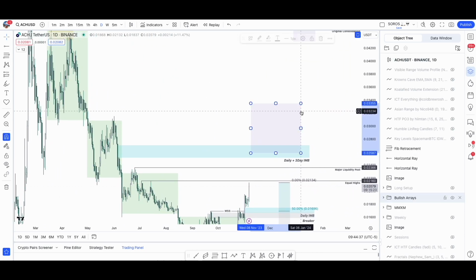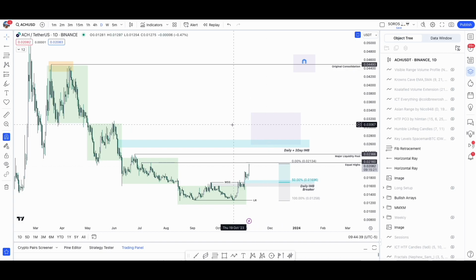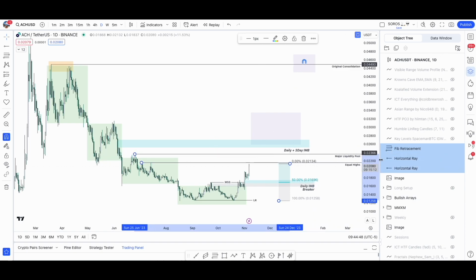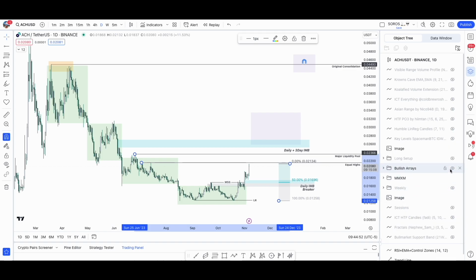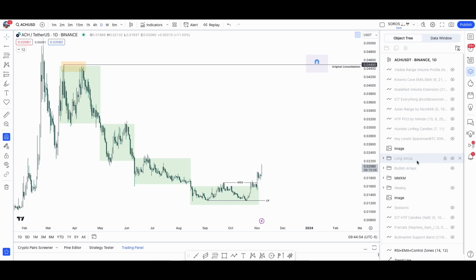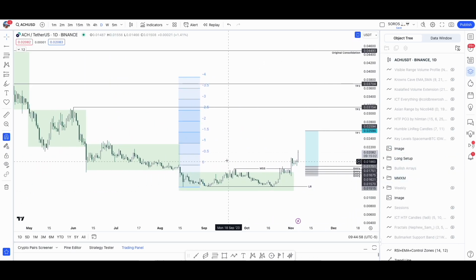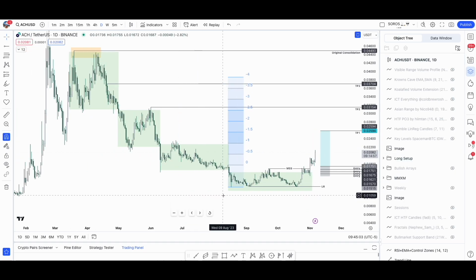The targets I'm looking at on the buy side are basically going to be, let me just pop these off. This one and this one right here. So the targets I'm looking at based on entry, I'm looking at this drop from here to here, which was the smart money reversal candle from the previous high.